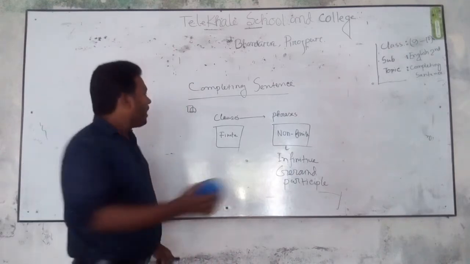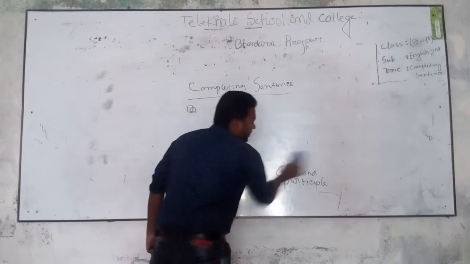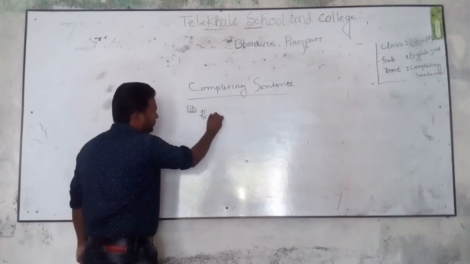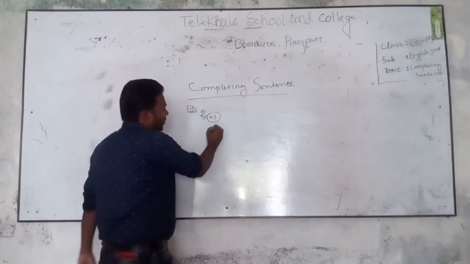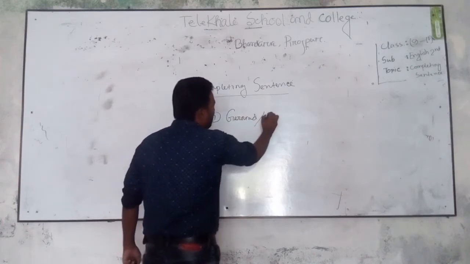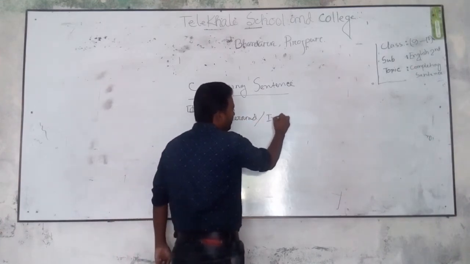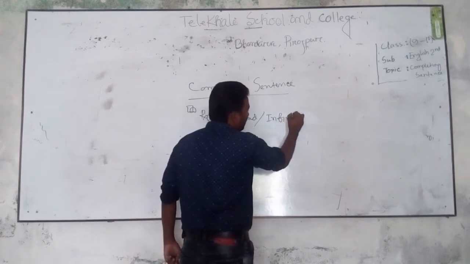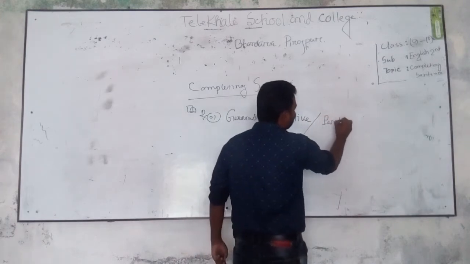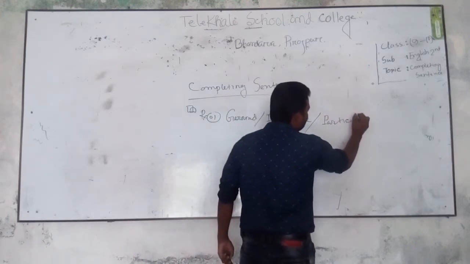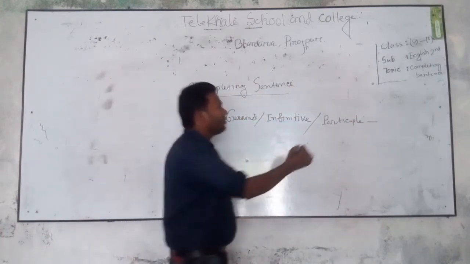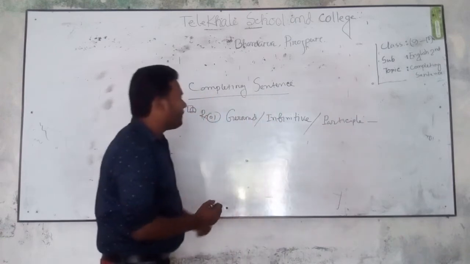So now I will write a sentence. Rule 1: Gerund or infinitive or participle. You can use gerund, infinitive or participle.